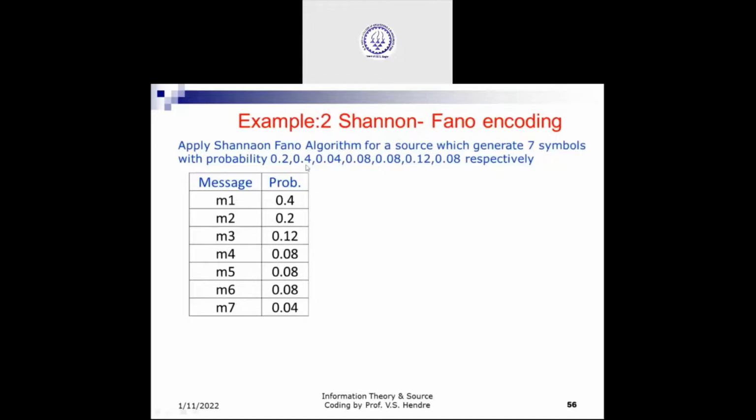All these probabilities are arranged in descending order. That is step number 1 for Shannon Fano encoding. Step number 2, divide these symbols into two groups containing approximately equal probability.